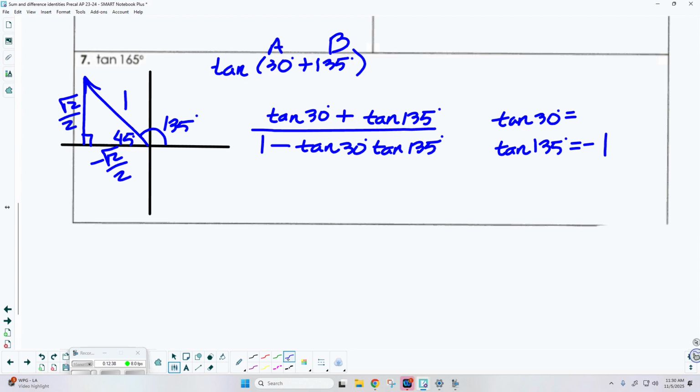Remember, what's tangent's ratio? It wants Y divided by X. So I'm going to take the Y value, square root of 2 over 2, divided by X, the negative root 2 over 2. See, I'm dividing a value by its opposite. That's where I got the -1 from. Okay. It's just a way of hopefully making the problem go a little faster. But if you have to draw it, that is perfectly fine.